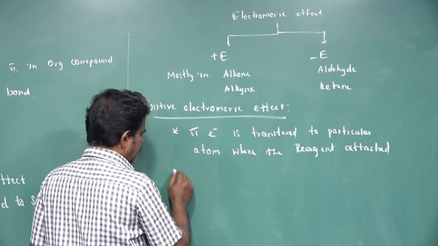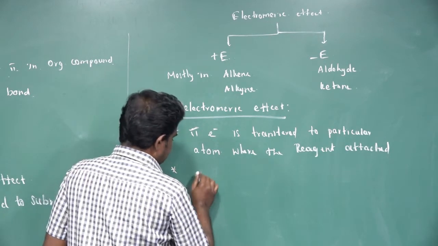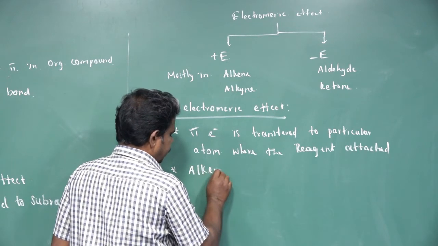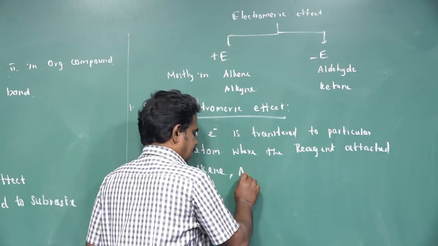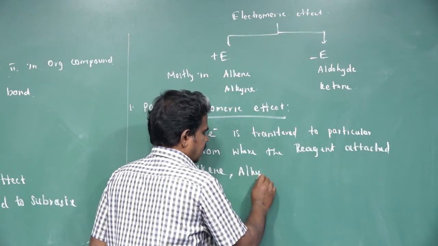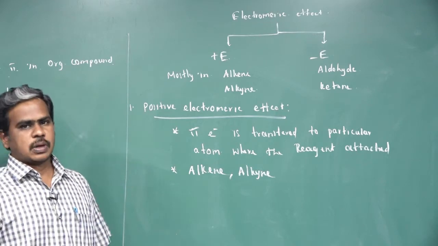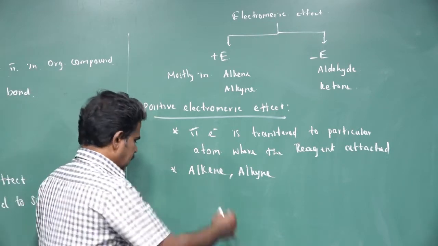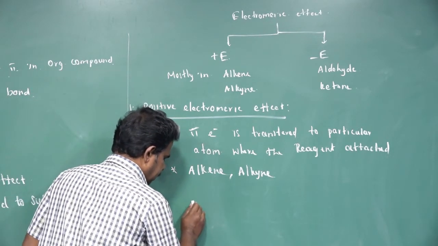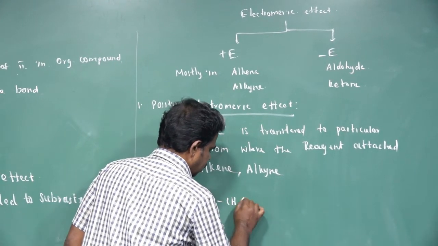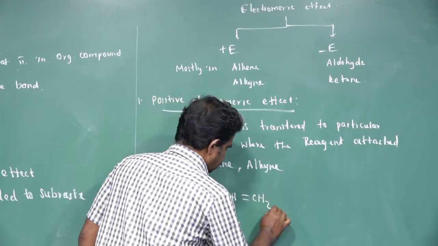For example, in alkene and alkyne, most probably this positive electromeric effect is possible. Now, we may take propylene, that is CH3, CH, double bond, CH2.